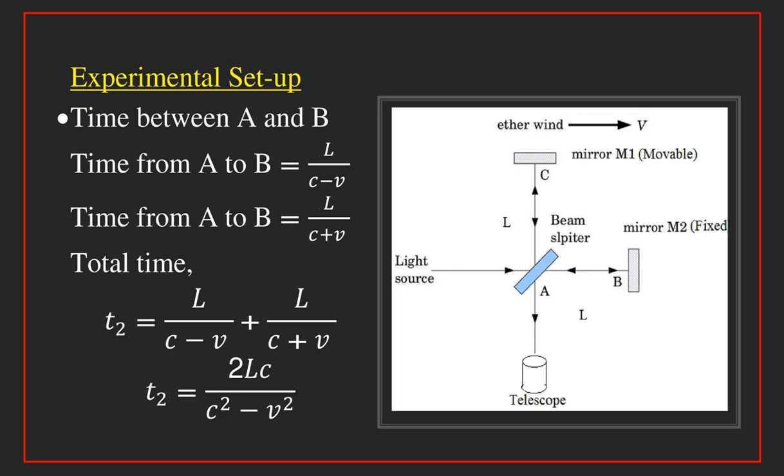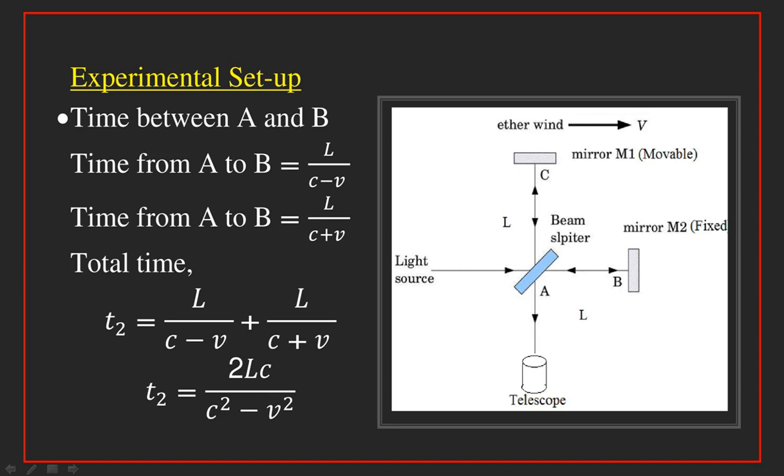So they assumed that Earth has a velocity of 3 times 10 raised to 4 meters per second with respect to ether, moving in the direction of AB, which is one of the arms of the interferometer. The light coming from the source reaches the beam splitter simultaneously, so there is no path difference.